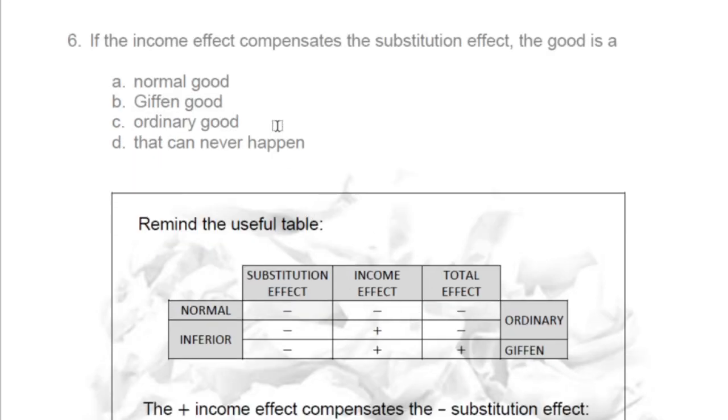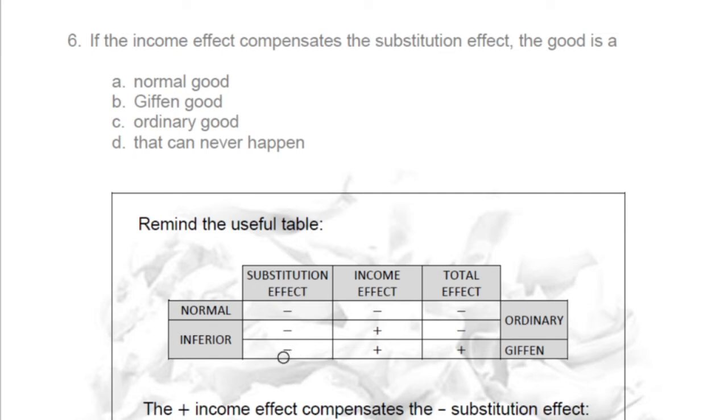When I talk here about compensating, I'm talking about a different sign and in absolute value higher than the substitution effect. So when I talk about compensating, I talk about the opposite sign and higher quantity, so that the sum becomes positive.